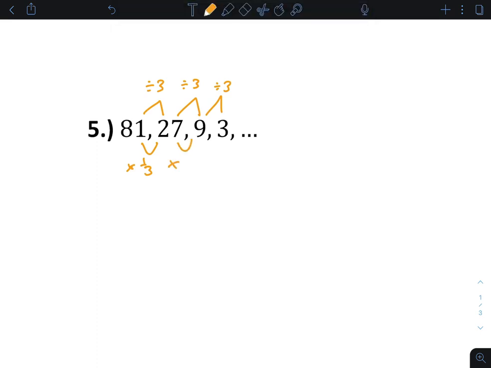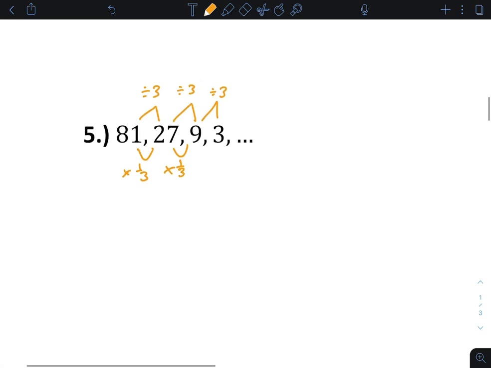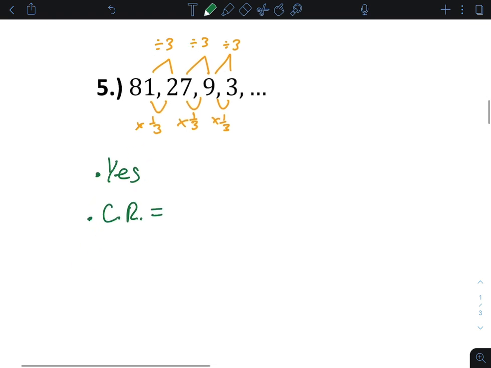So here, 27 times 1/3 is going to be 9, and then 9 times 1/3 will be 3. So yes, this is a geometric sequence, but here my common ratio, we're going to want to keep it at the multiplication phase. So let's say we're multiplying by 1/3.